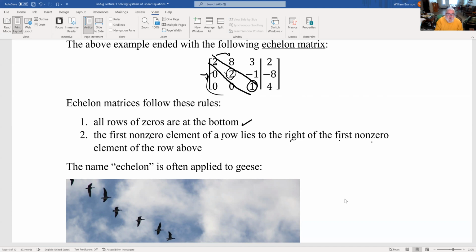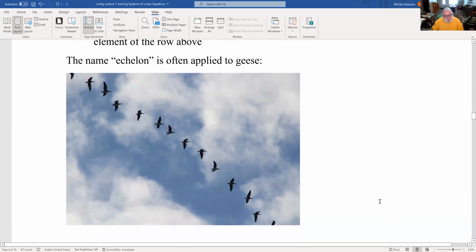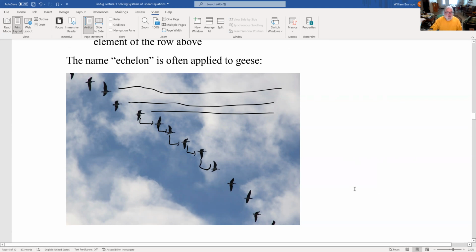This 1 is the first non-zero number in row 3, and it lies to the right of the first non-zero number in the row above. Echelon refers to geese: if you look up geese in echelon formation, you see things like this. Every goose is down and to the right of the goose above. So that's what echelon means.